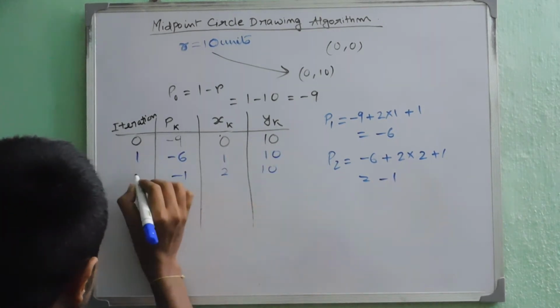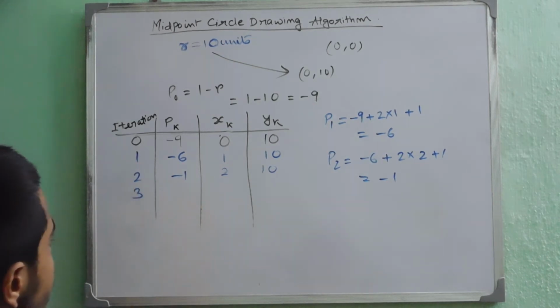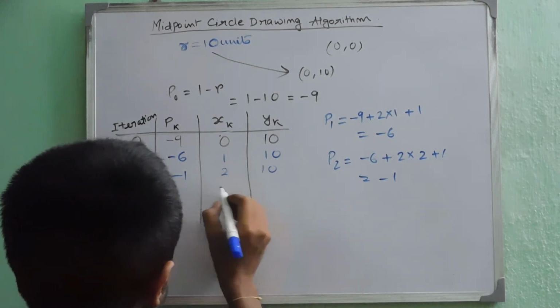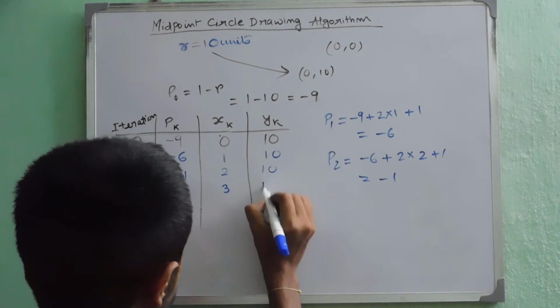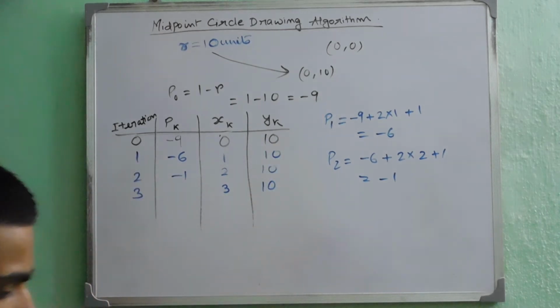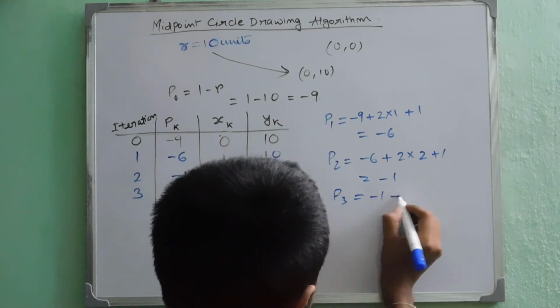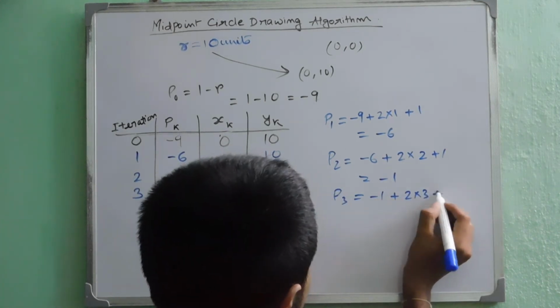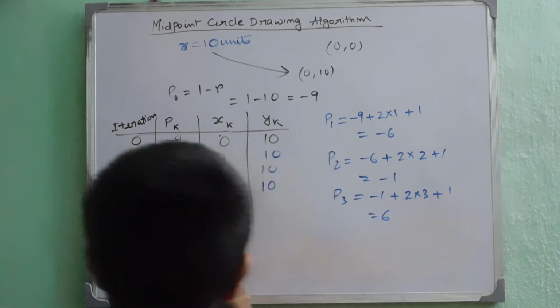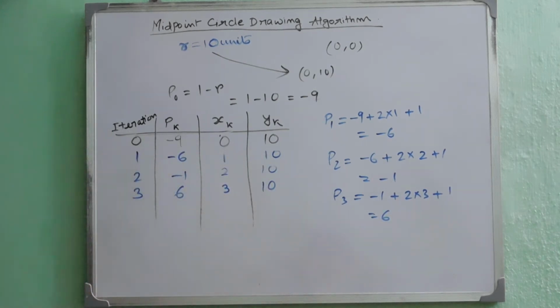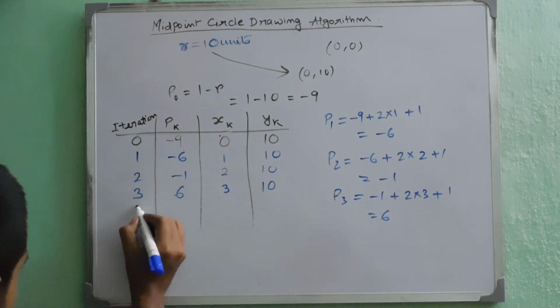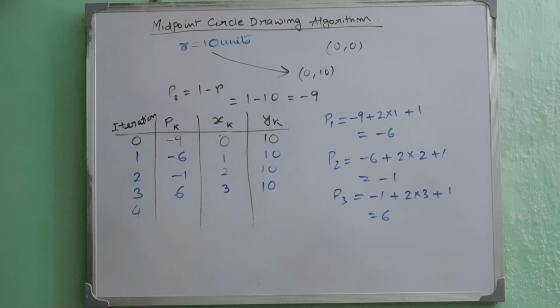So minus 1, this will be 2. Now 3: here we increment x and y will remain the same, that is 10. Now let's calculate p3. p3 will be equal to minus 1 plus 2 into 3 plus 1, that is 6.